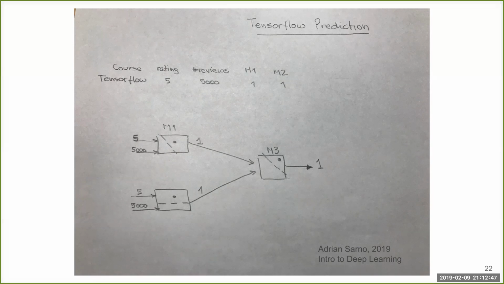So we have reached the end of the lesson. So it's time for a quick recap. We have a data set with each example represented by two variables, rating and number of reviews, and the output decision, also known as label, which can be one of two classes, yes or no, 1 or 0.